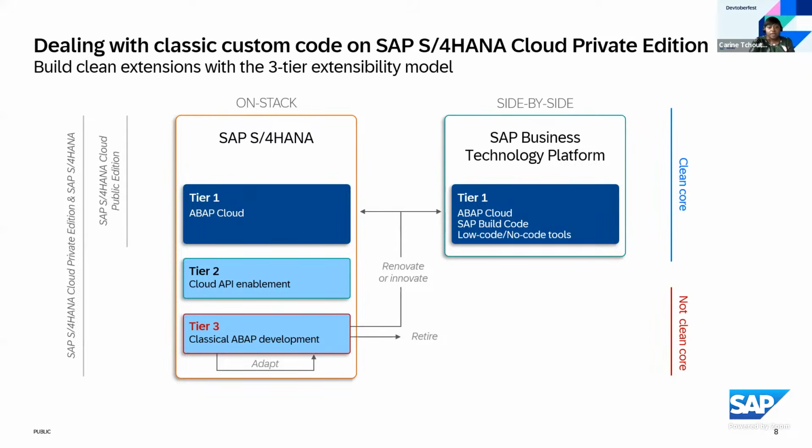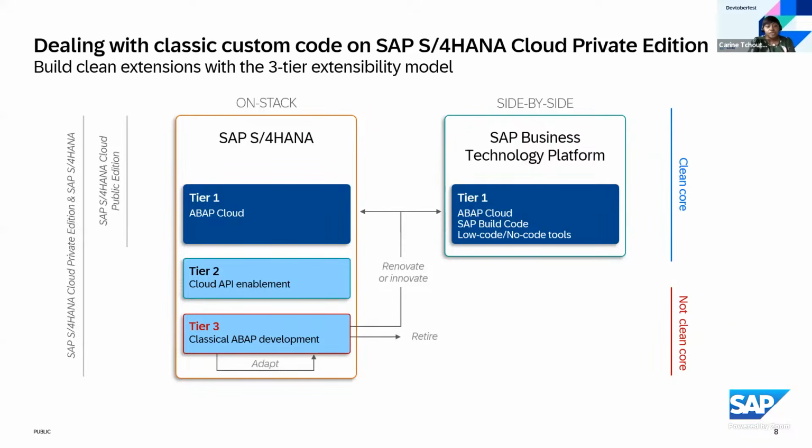Tier 1 represents all clean core development done with all the options I described before. So talking about ABAP Cloud using side-by-side code and all the low-code, no-code tools on SAP BTP, or directly ABAP Cloud on stack. Then we have introduced tier 2.